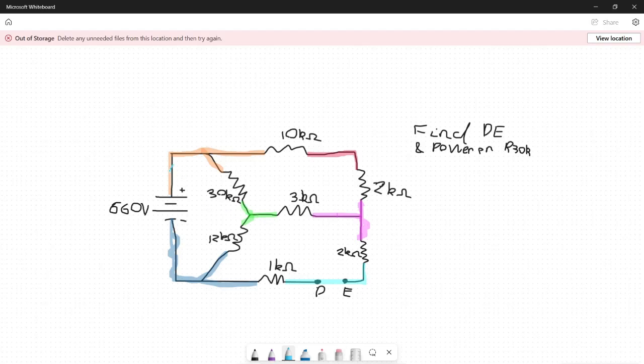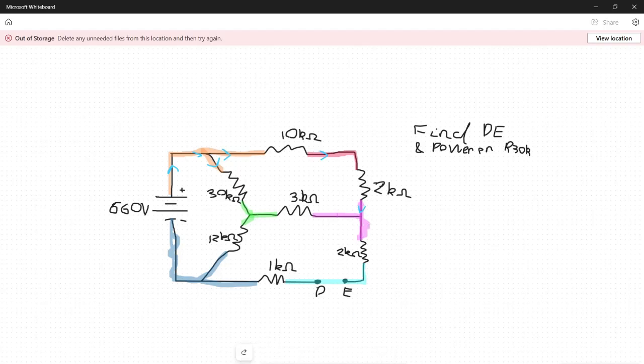Well, if we follow our current, it goes here, and you see it splits, and then it goes around here, and now this is the branch where it moves into DE.